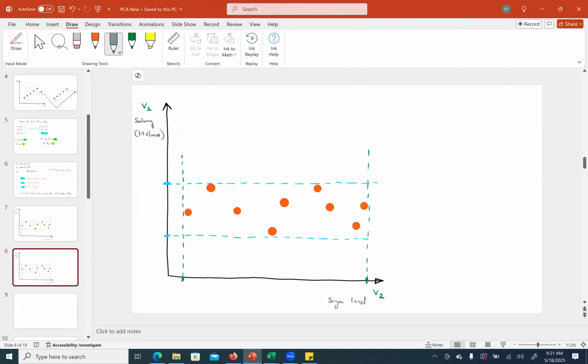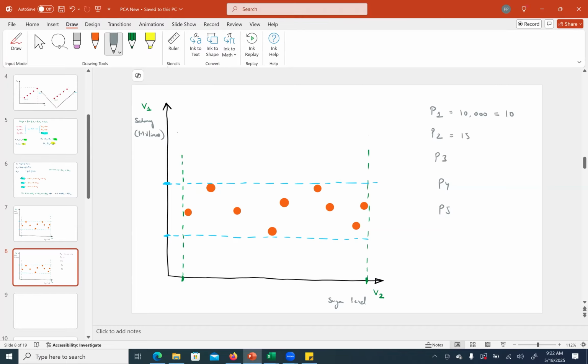Now, what will happen? Will the value reduce or will the value increase? Let's say there are different people, person 1, 2, 3, 4, 5. If someone is earning 10,000, then the salary in thousands will be 10.